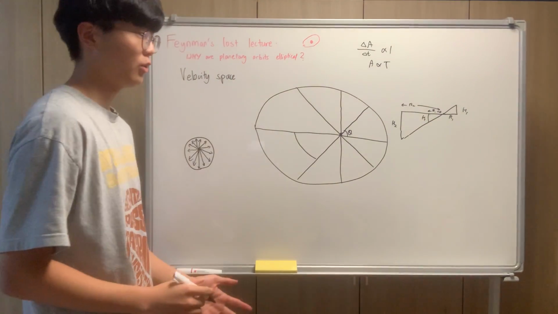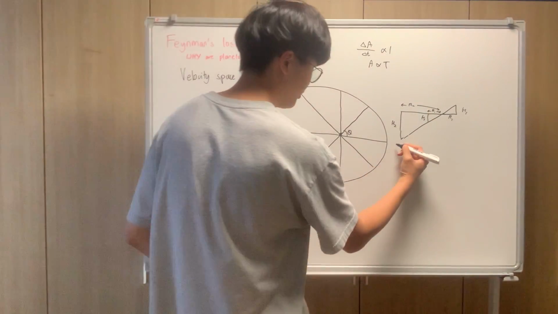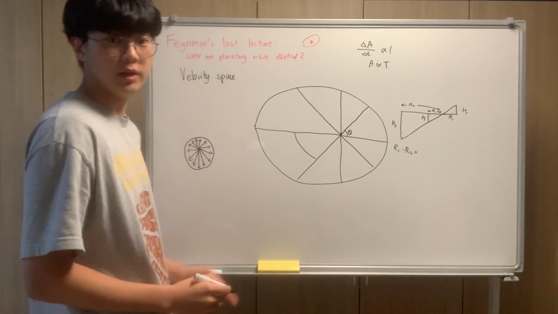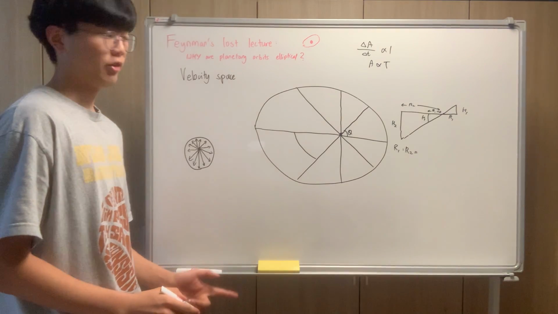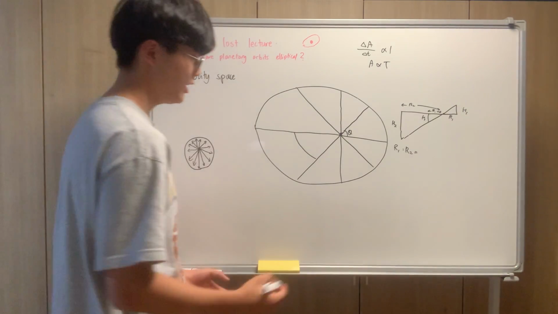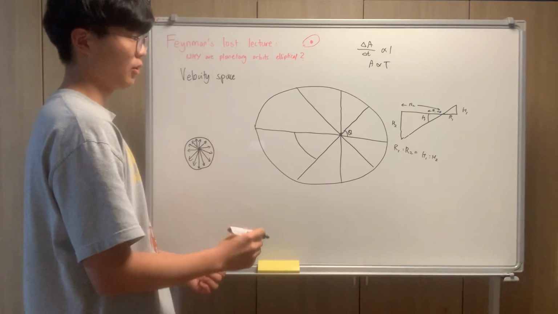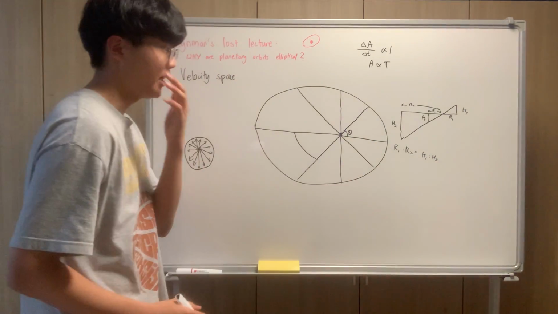And what we know is that the ratio between R1 to R2 is equal to the ratio between H1 and H2, because they are both quantities that define the area.